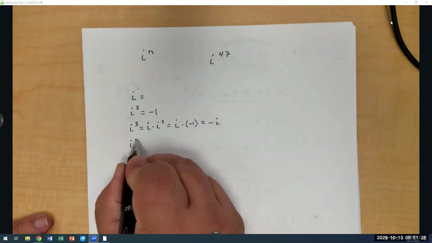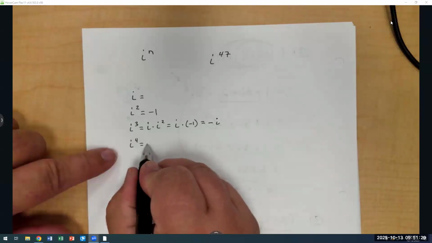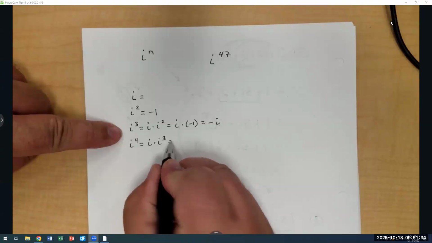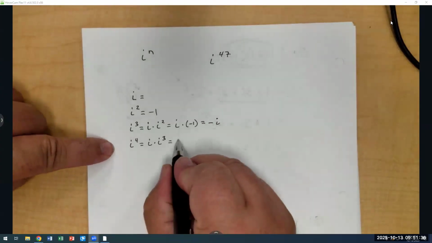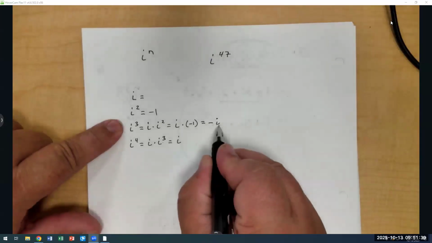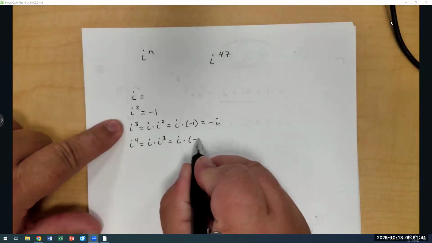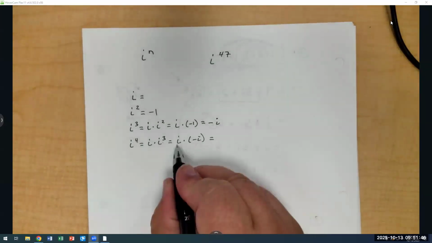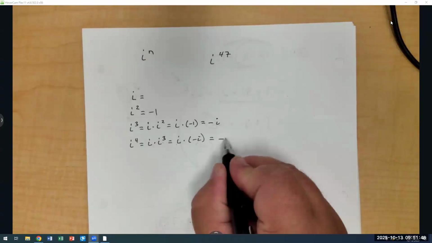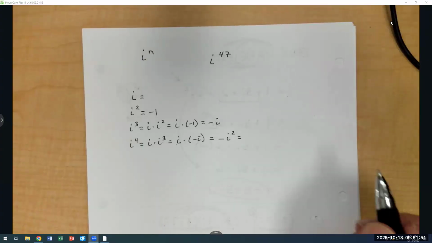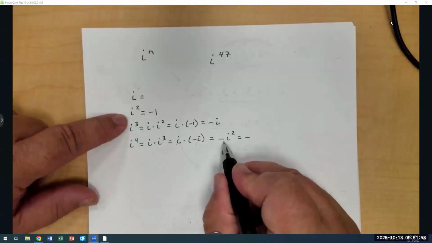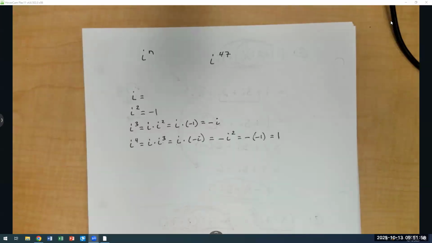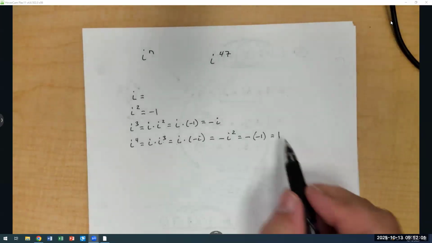What is i to the 4th? Well, i to the 4th, start off with i times i cubed. What is i cubed? Well, i cubed is -i. We have positive and negative. i times i is i squared. What is i squared? -1. So that equals +1. So i to the 4th is the same thing as +1.